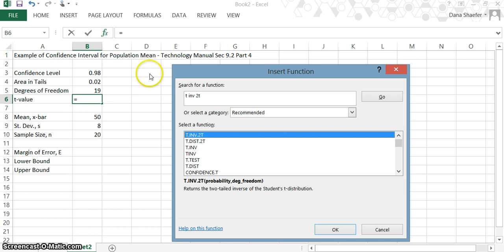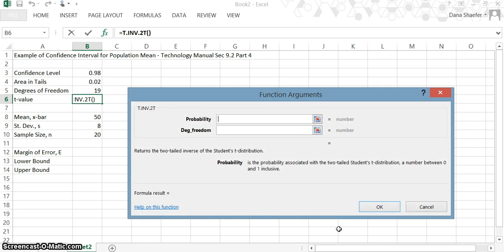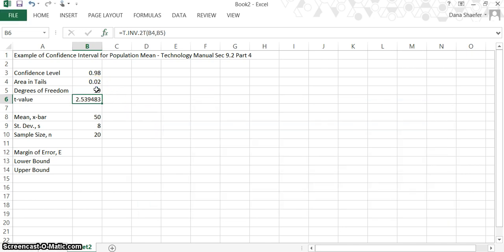The first one highlights it. I'm going to say OK. Then the probability that I'm going to use is the area that's in the tail, so the 0.02, and the degrees of freedom, which is the 19, and I'll push enter. 2.539483. So there's my t-value.